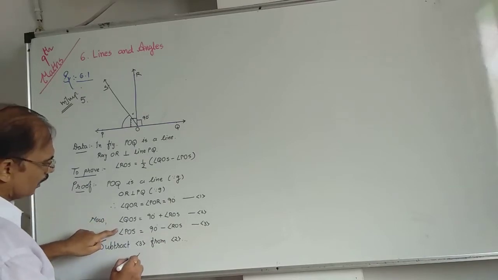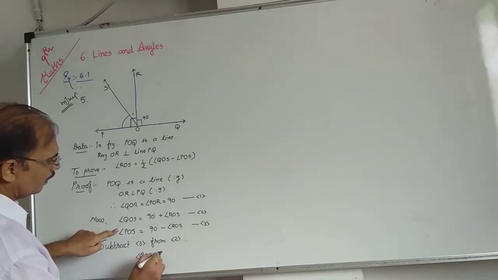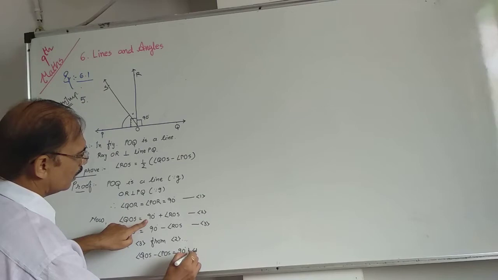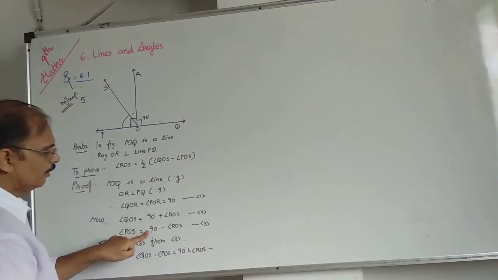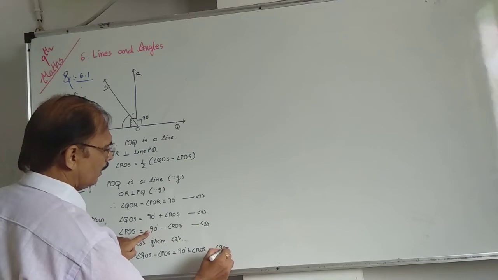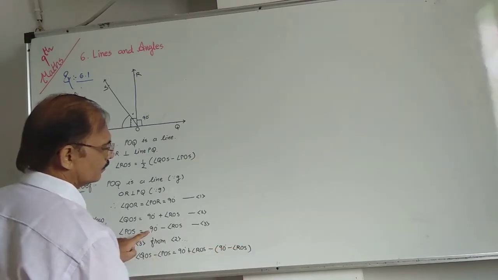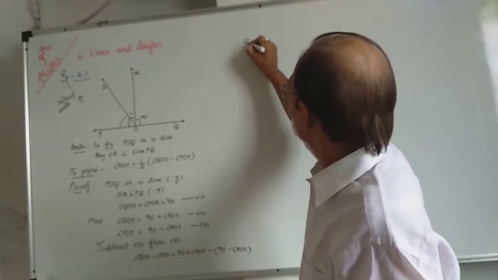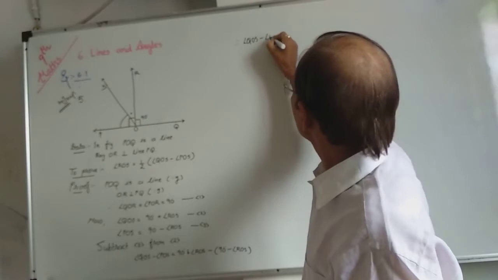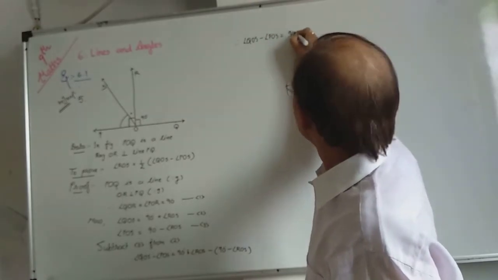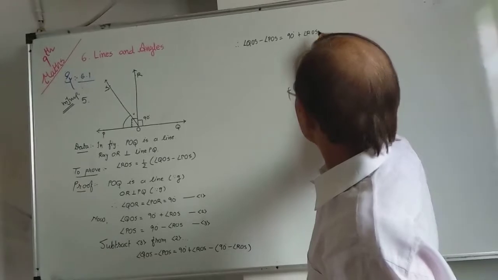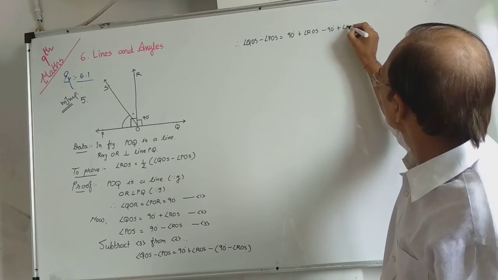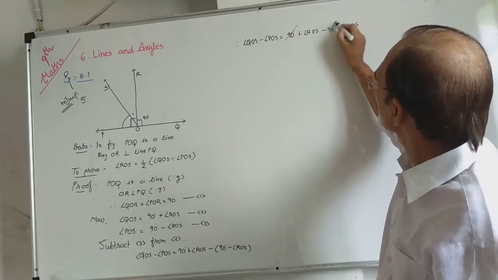Angle QOS minus angle POS equal to, QOS means 90 plus ROS, minus, I write in bracket, 90 minus angle ROS. Open the bracket. 90 plus ROS minus 90 plus ROS. 90 minus 90 will be cancelled.